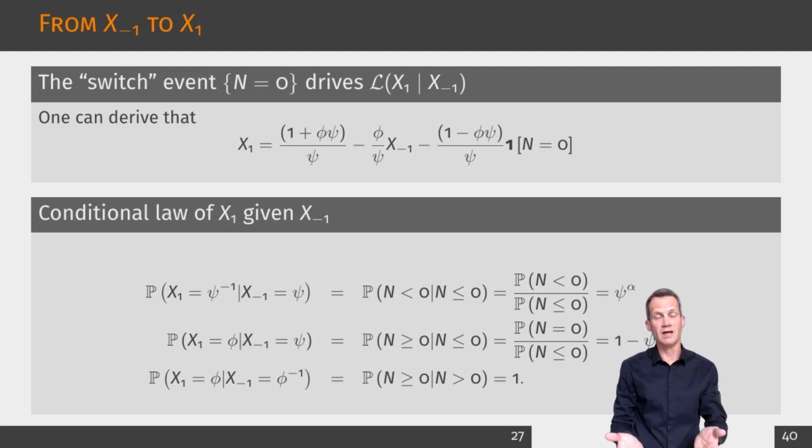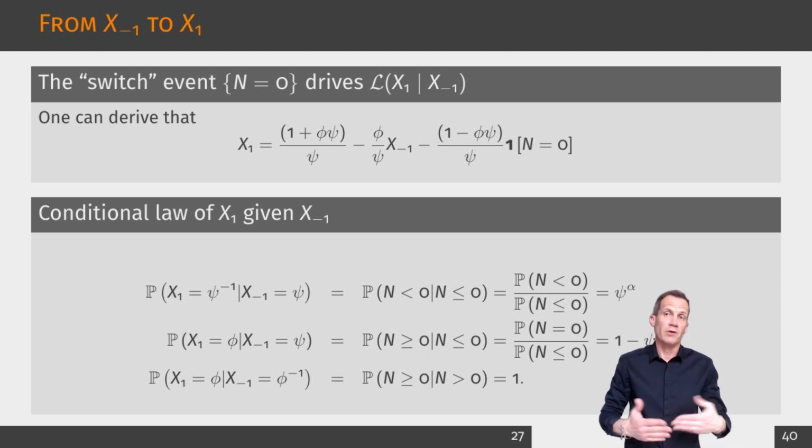The meaning is that away from the boundary, the next spectral step is determined by the previous one. But when the previous step equals psi, we only know that n is non-positive, and there are two possibilities. Either n is strictly negative, which implies the next step equals 1 over psi, or n equals 0, which implies the next step equals phi.